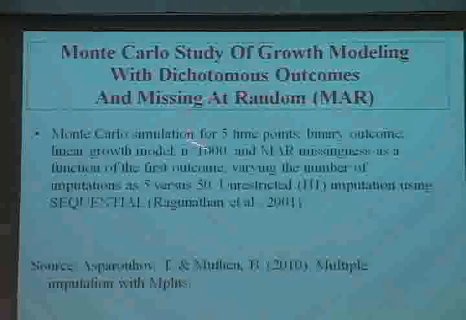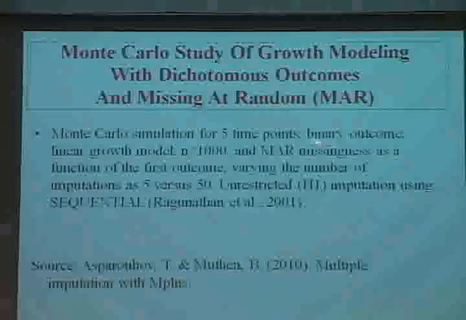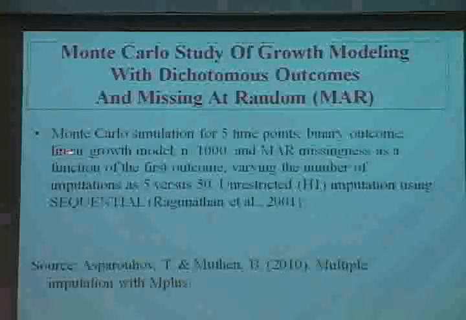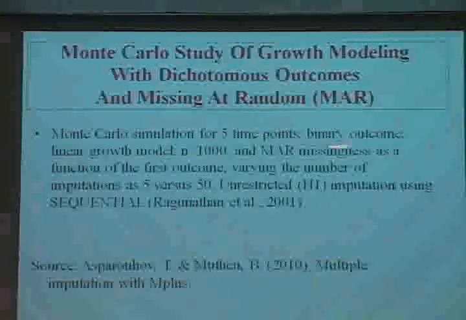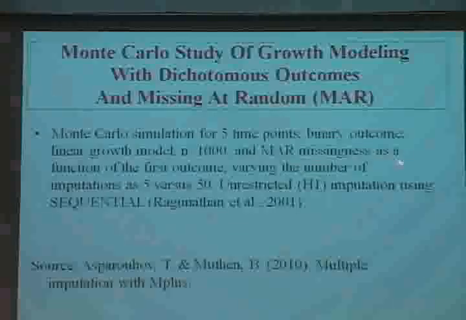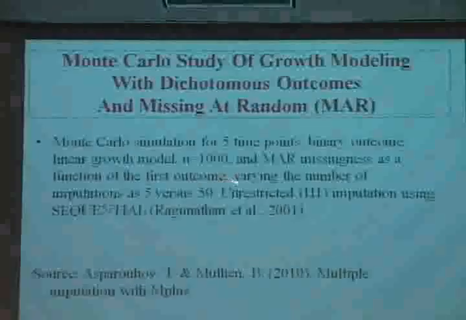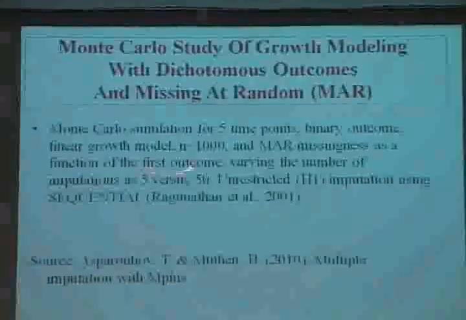So anyway, this Monte Carlo study is a simple linear growth model with 5 time points, binary outcomes, sample size of 1,000, and MAR missingness. The missing data is a function of the first outcome.